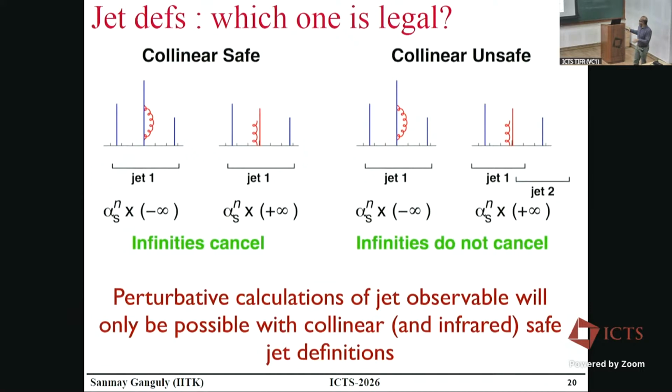Rather, if particles coming out of these two pieces and the third line, if we club them as two different jets, then that jet algorithm can never give you a finite cross-section from a theoretical perspective, so it cannot predict observables. Because if it's an observable, a theoretical formalism should give you finite numbers.